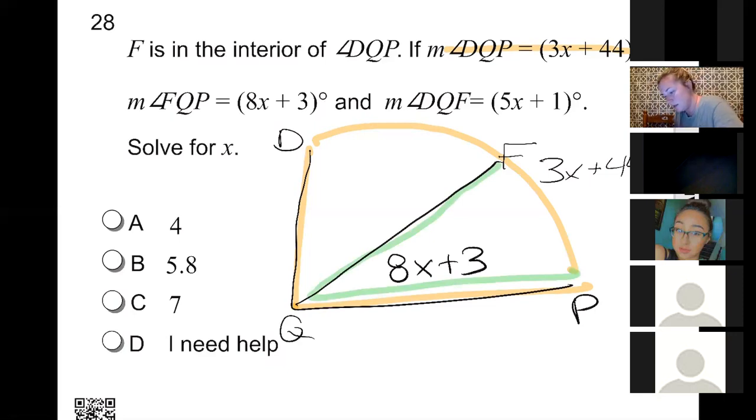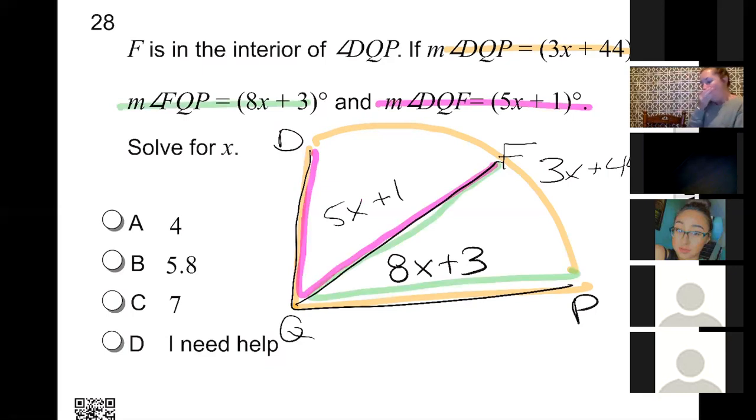And then lastly, it tells us DQF, so D to Q to F is 5x plus 1. All it wants you to do is solve for x. So you need to add the pink and the green, and you'll get the orange to solve for x, okay?